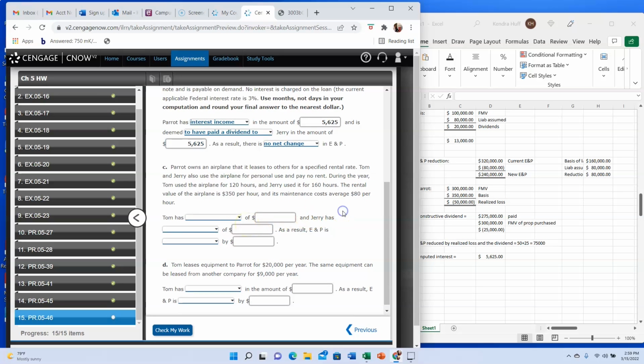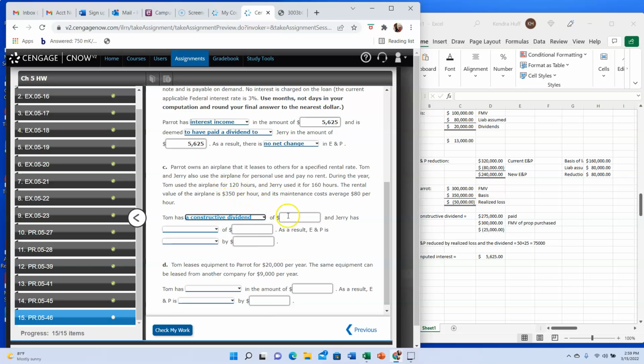All right. Parrot owns an airplane that it leases to others for a specified rental rate. Tom and Jerry also use the airplane for personal use and pay no rent. During the year, Tom used the airplane for 120 hours and Jerry used it for 160. The rental value of the airplane is $350 an hour and its maintenance cost averages $80 per hour. Okay. Tom has a constructive dividend and you just multiply it out.